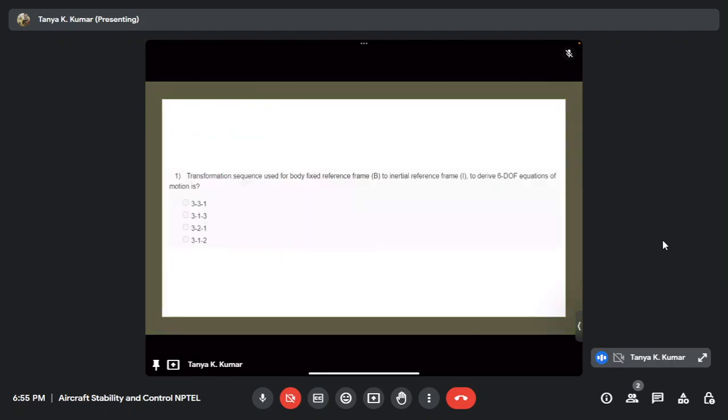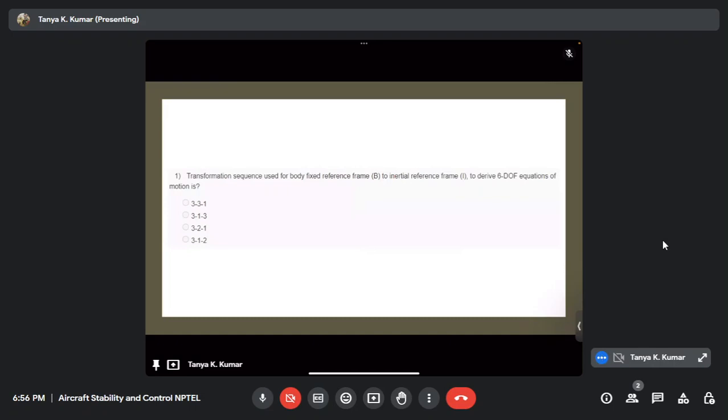Okay, now let's look at the questions of week 9. The transformation sequence used for body fixed frame to inertial frame to derive the 6 degree of freedom equations of motion is. We just discussed this. What is the standard rotation sequence for body fixed frame to inertial reference frame? Is it 331, 313, 321 or 312? Where 3 is about the z axis, 2 is about the y axis and 1 is about the x axis.